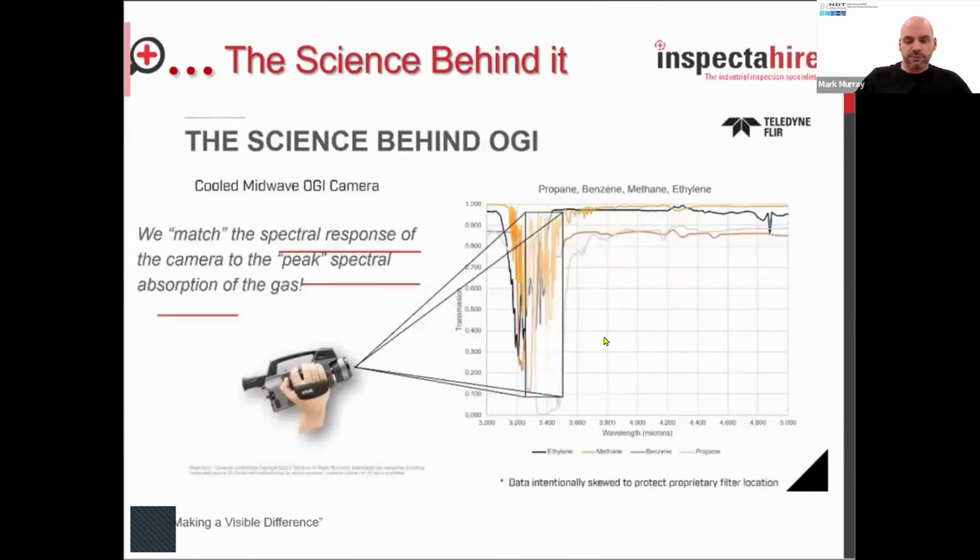So we match the spectral response of the camera to the peak spectral absorption of the gases that we're interested in. So there's several different filters for different gases. In this case, for all our VOCs, our peak absorption is approximately between 3.2 and 3.4 micrometers, as we can see here.